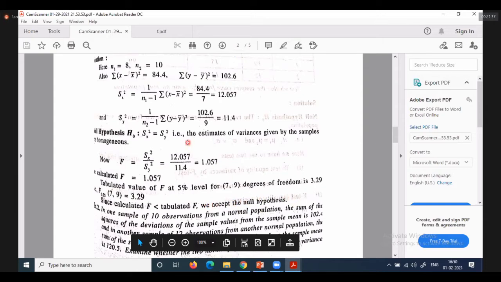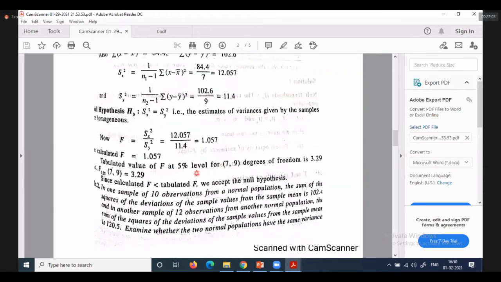When you're using the F test, no need to worry about the alternative hypothesis. First step is the null hypothesis, next we see the level of significance, take the degrees of freedom and find the table value. After that, F calculated. Next step is the conclusion part.